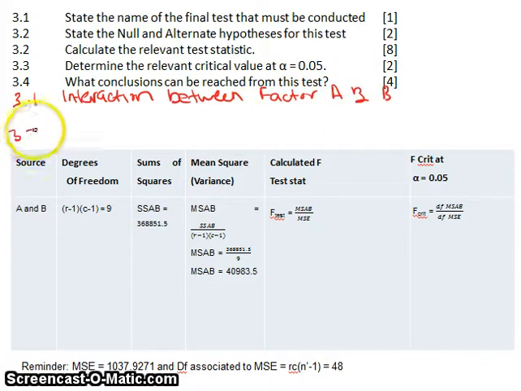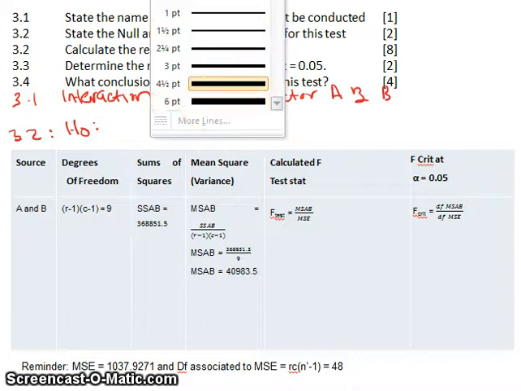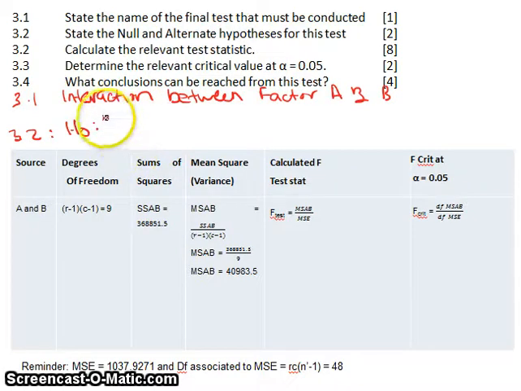And then 3.2 is state the hypothesis, and the null hypothesis would be that there is interaction.